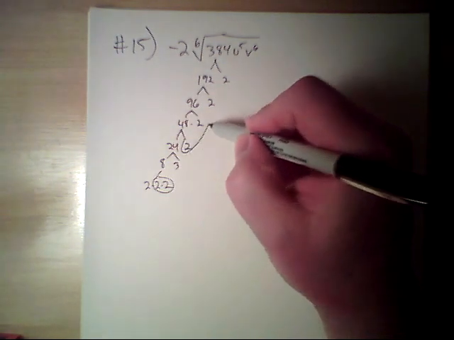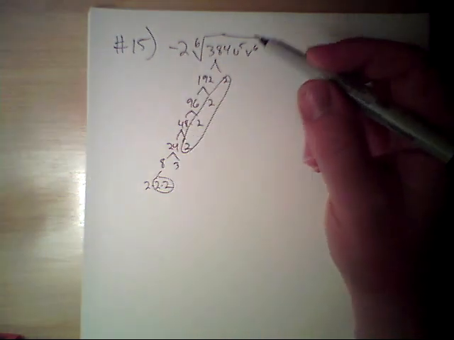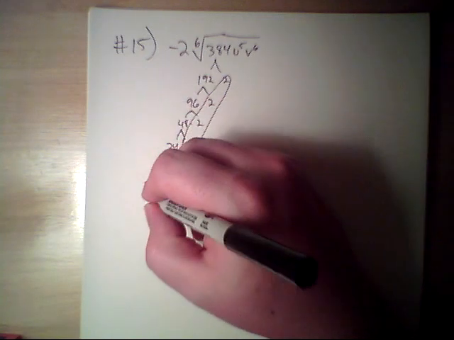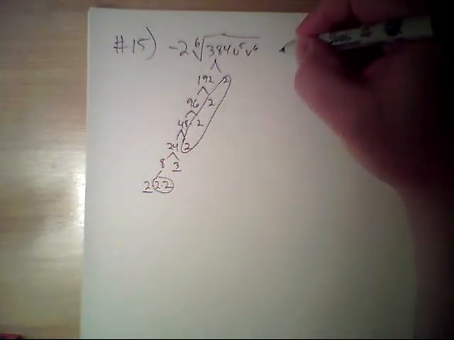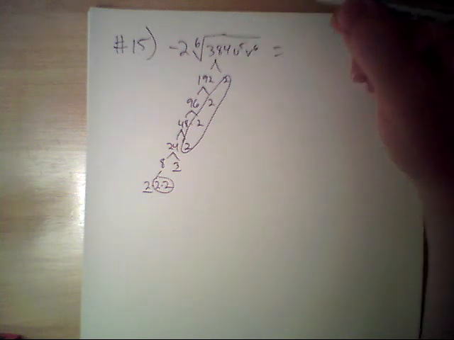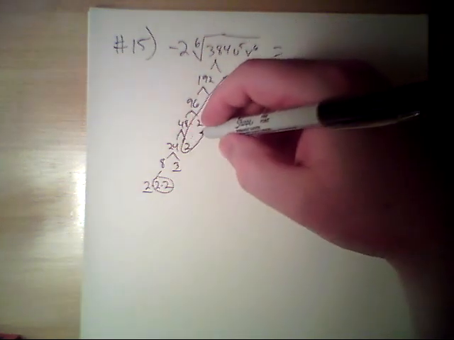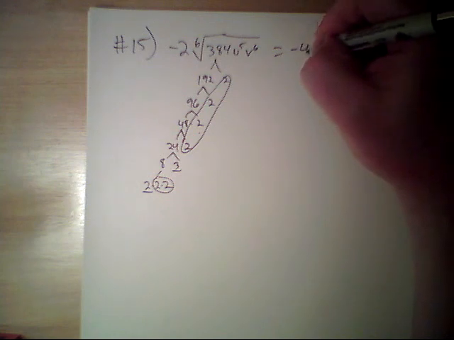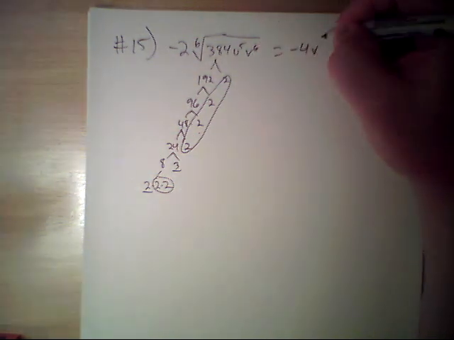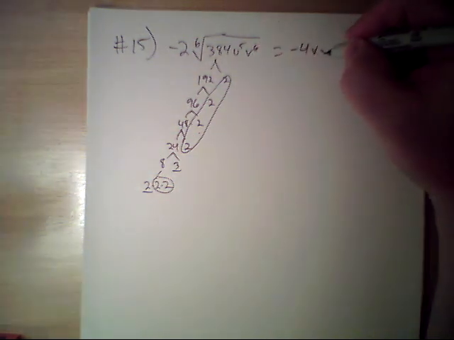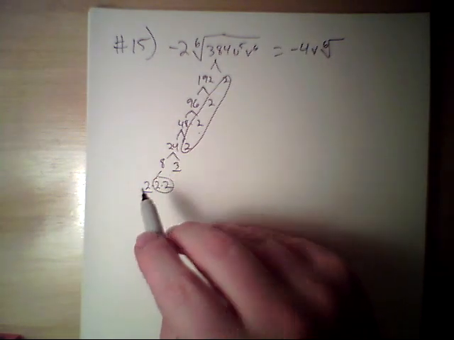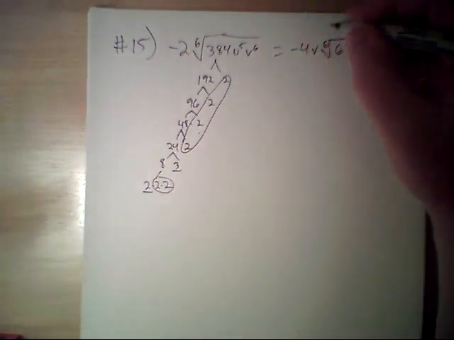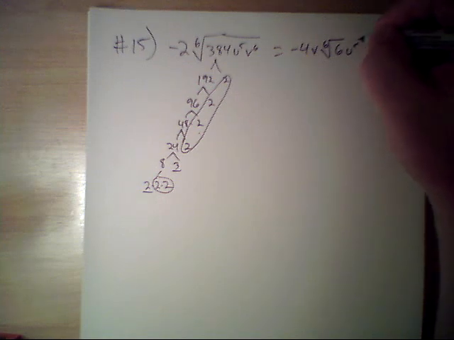So we can take this business here, and what's left inside is going to be 3 times 2, and then that v to the 6th can come out too. So outside the radical we have negative 2 times 2, which is going to be negative 4. That v comes out, times the 6th root. Now what's left inside the radical is a u to the 5th, and 3 times 2 is 6. So 6u to the 5th.